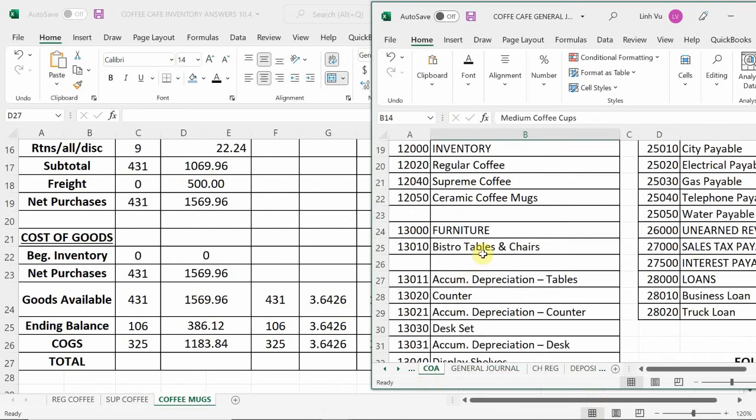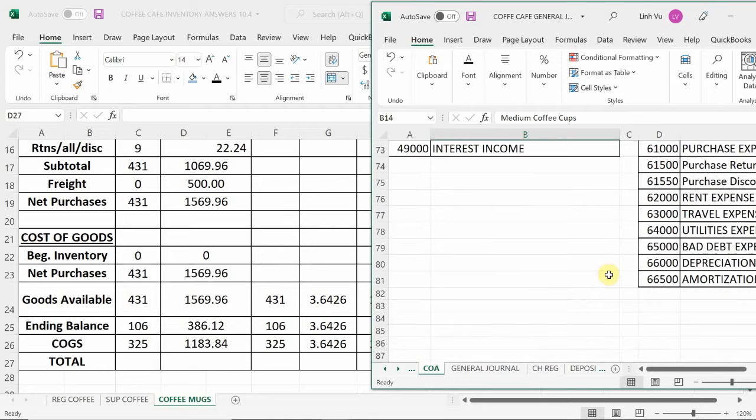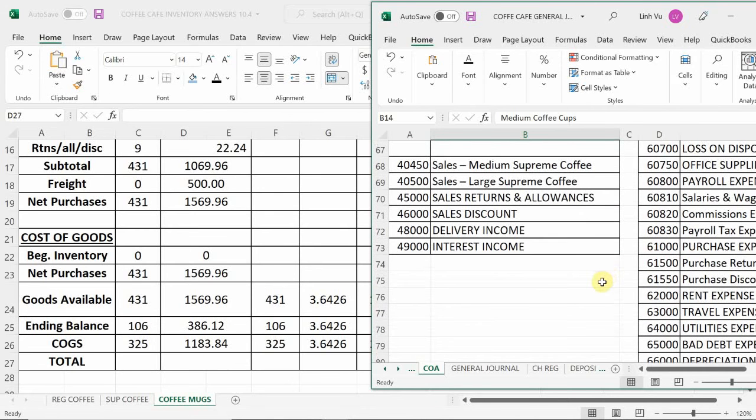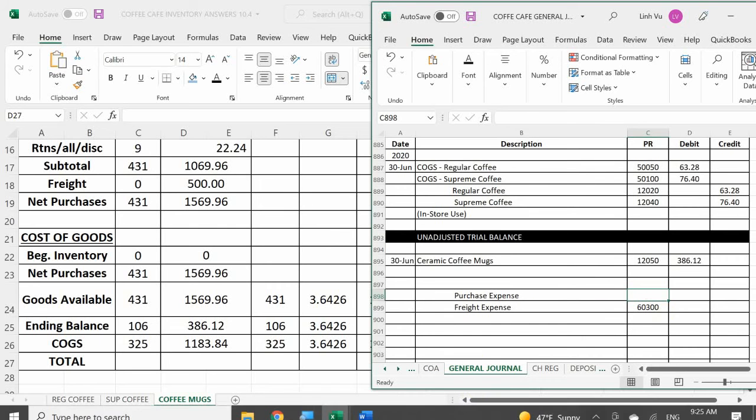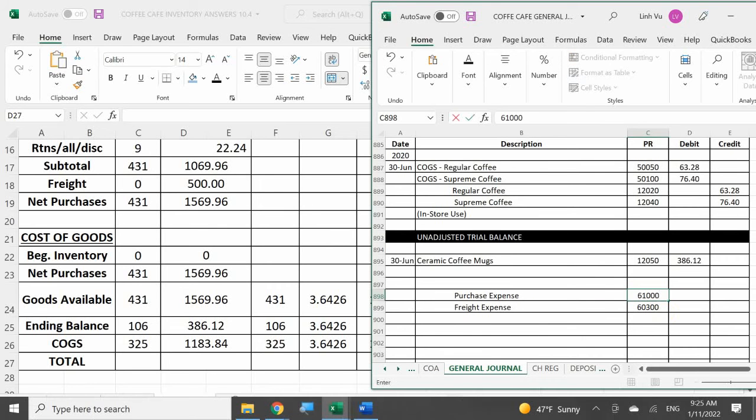Purchase expense is account number 61,000. Do we use purchase returns and allowances?